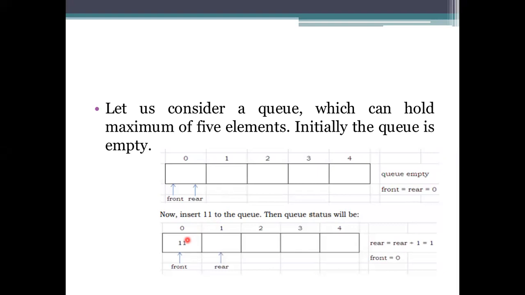Then we need to represent that this could be processed, that the value will be inserted into the position at front is equal to 0. When we are inserting, the rear will be updated to the next point. That is rear is equal to rear plus 1, 0 plus 1, which is equal to 1. So the next element to be inserted will be at this position.